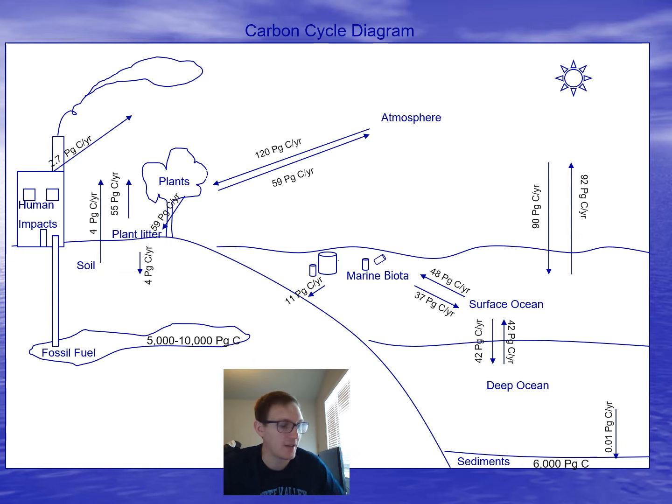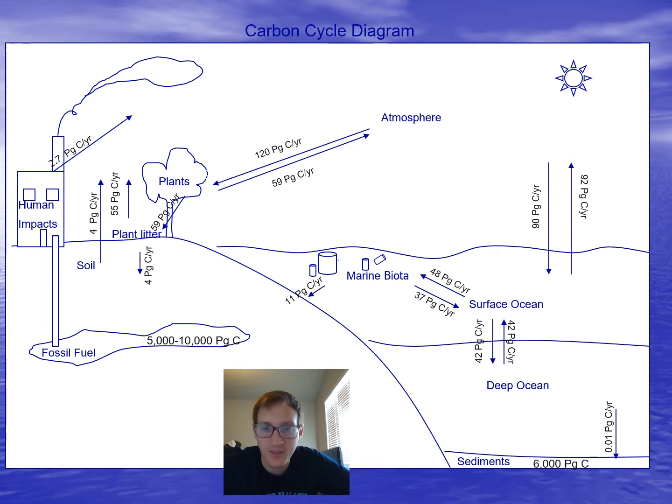No, I'm going to have to look that up. One second. Petagram. Okay. Petagram of carbon per year. And you can see in here, if you pause the video and want to look at some of these numbers more closely, you can see what the exact exchanges are.